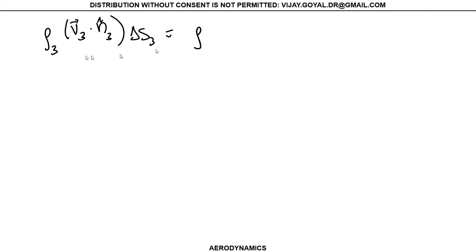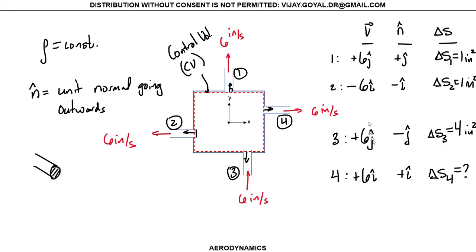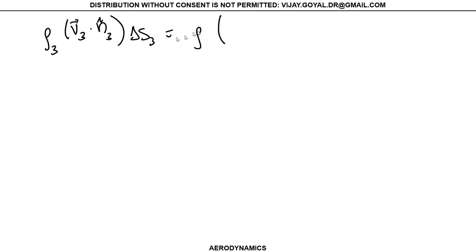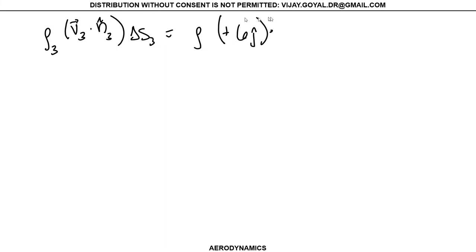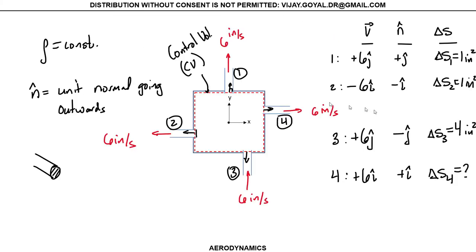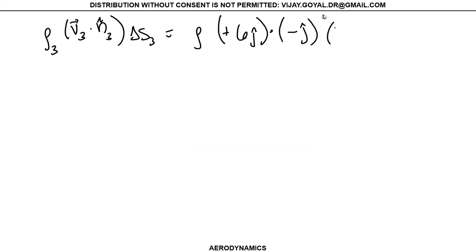That's going to give you rho, all the densities are the same, and this is 6J plus 6J dot product, N is minus J, this gives you minus J, and the area is 4, so this gives you 4, and this dot product gives you minus 6, so this whole thing gives you minus 24 times rho.